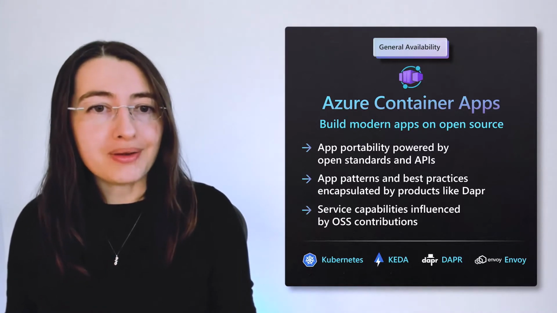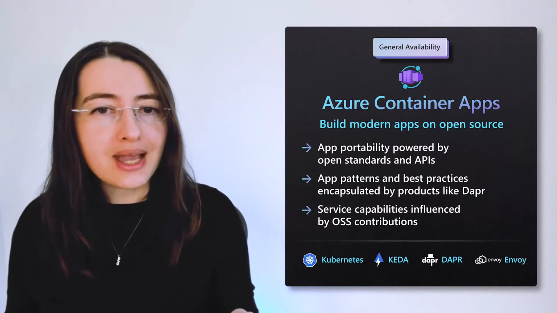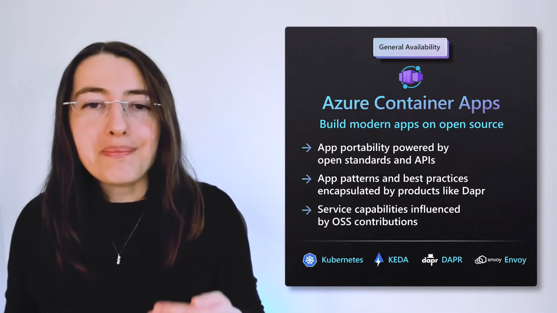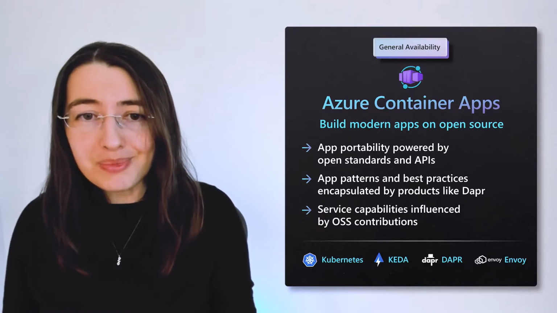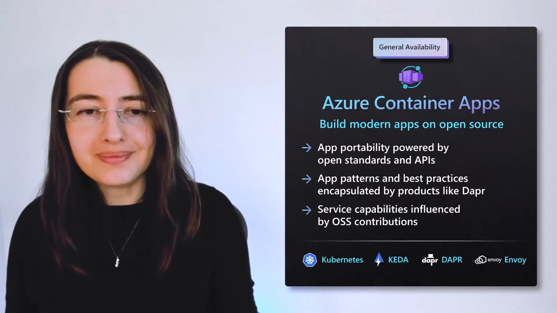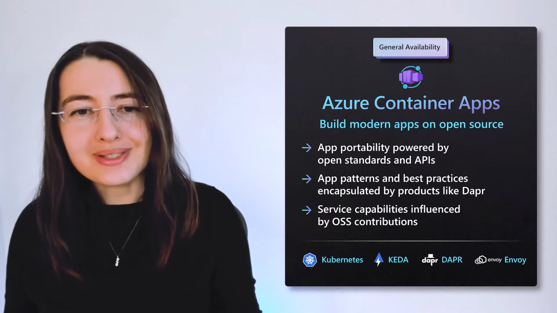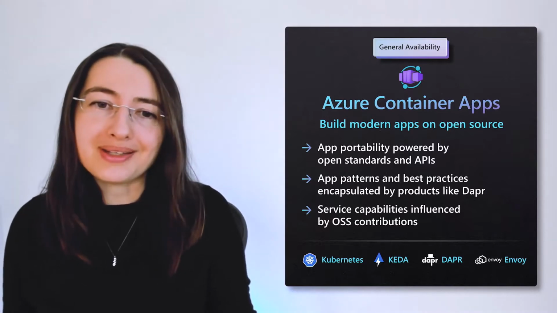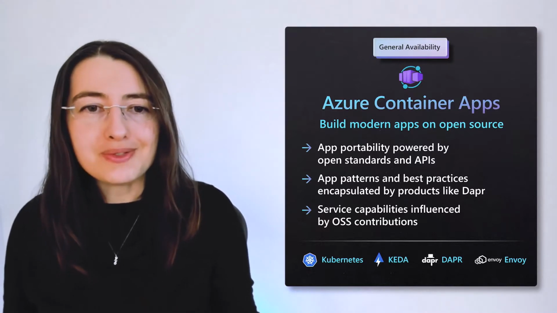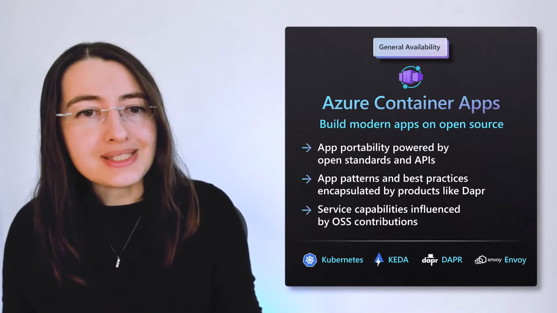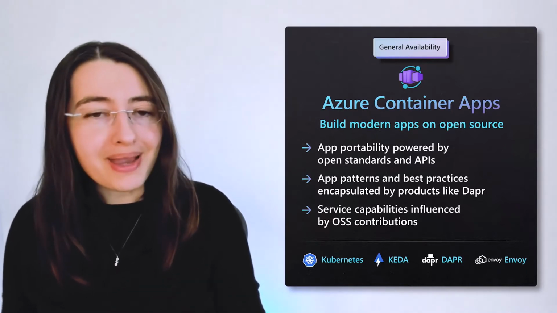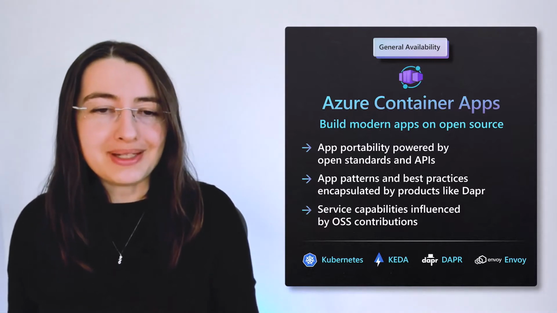Dapr's component model decouples the tech stack from your code, making it agnostic to hosting environment and enabling app portability. Building on open source is also very empowering. You can always contribute to open source projects we include in our service and directly impact service capabilities.